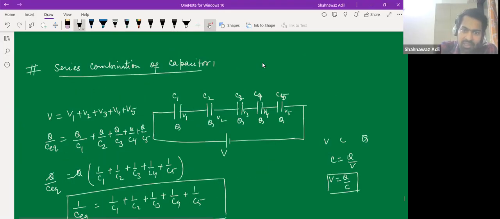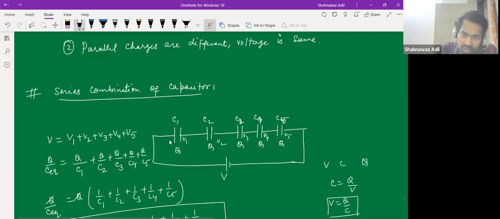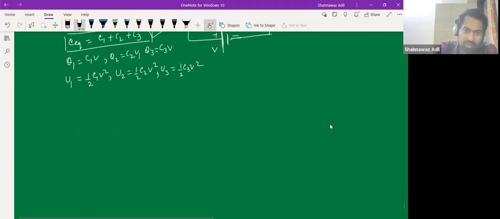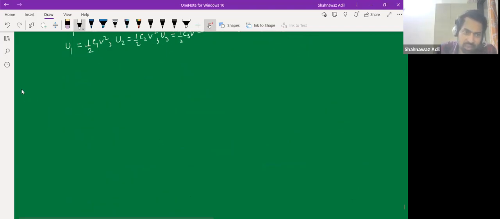But when we connect the alternate terminals, the negative ones with the positive ones, that kind of combination is series combination. So keeping that in mind, let us do some questions.